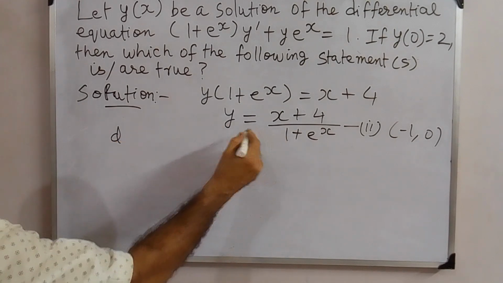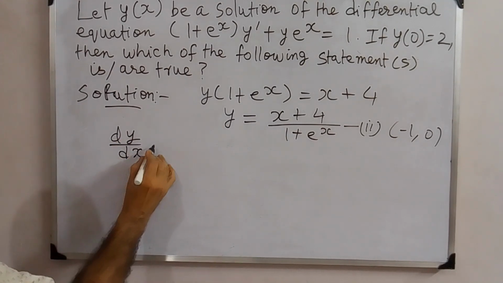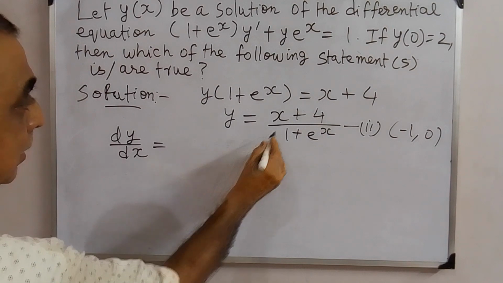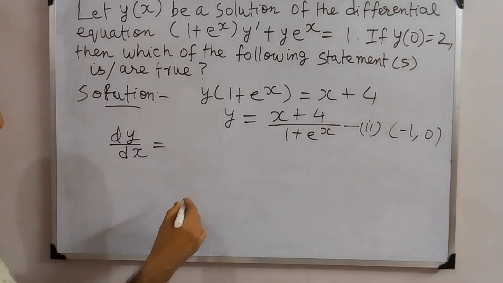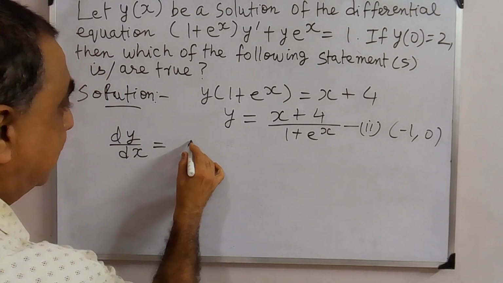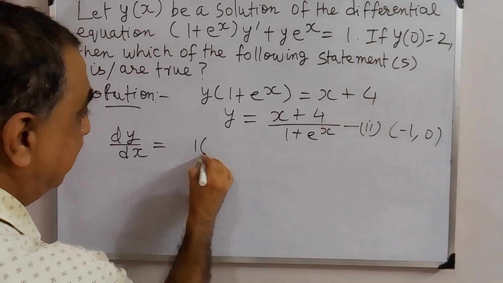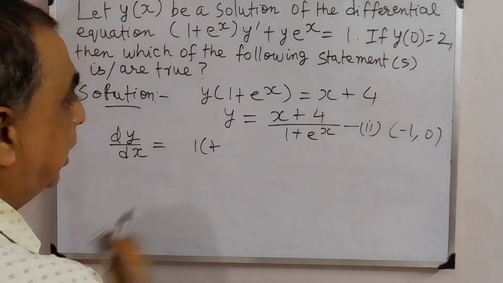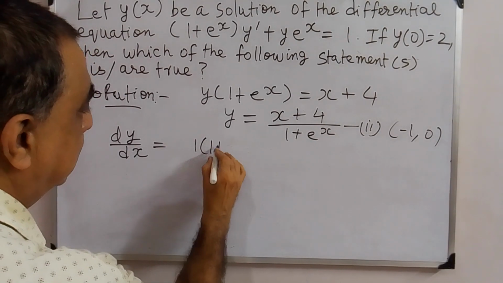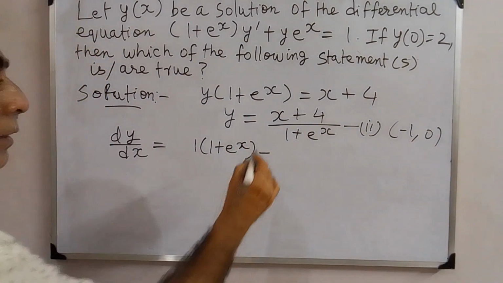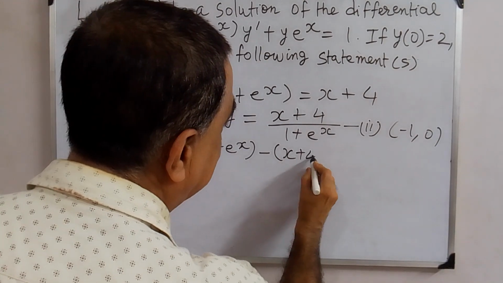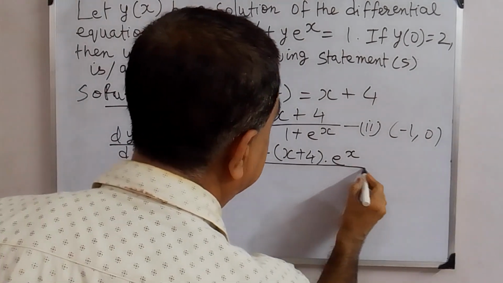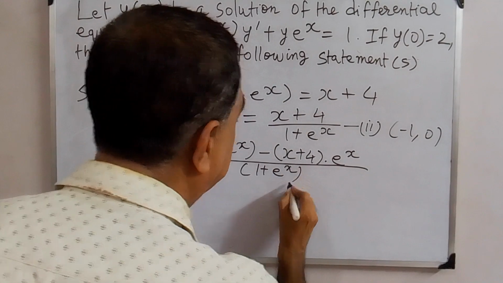So differentiating the second equation, dy by dx will be equals to, here we will differentiate the numerator, so this numerator differentiated will be 1 into the denominator, okay, so the denominator is 1 plus e to the power x, minus the numerator into the differential coefficient of the denominator, which is e to the power x, whole divided by 1 plus e to the power x whole square.